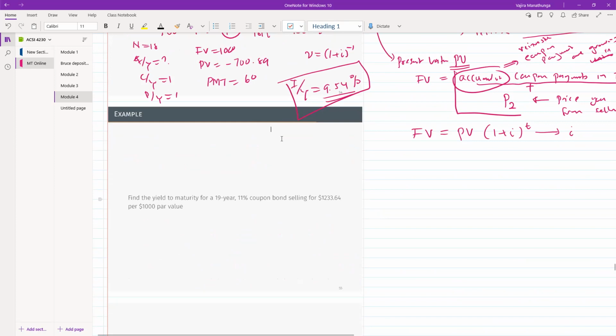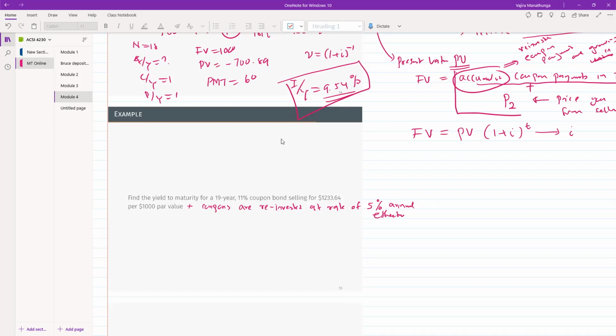So let me add another line here: plus, coupons are reinvested at a rate of, let's say, around 5%. Saving account rates are not that high. So annual effective.